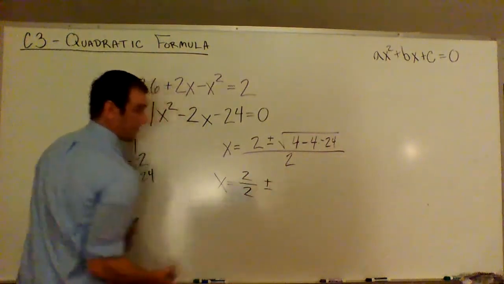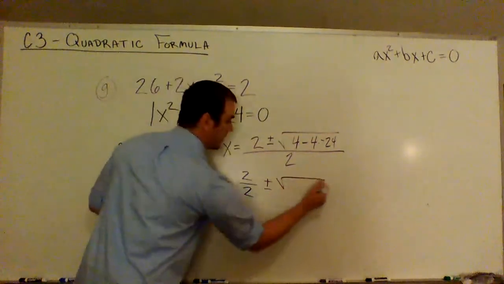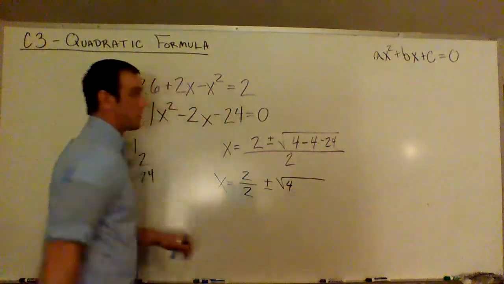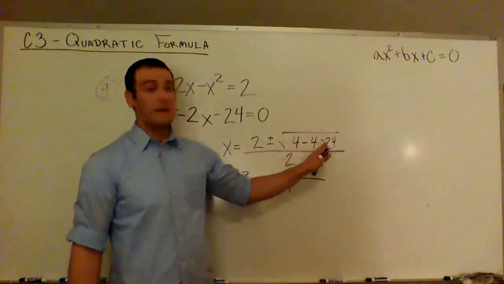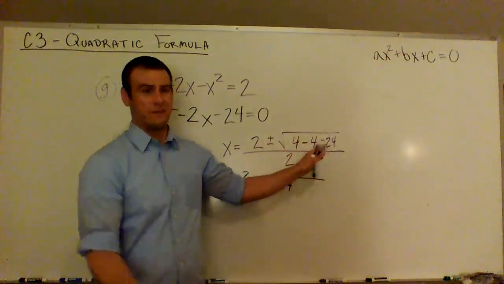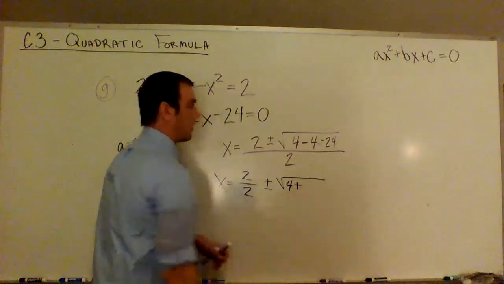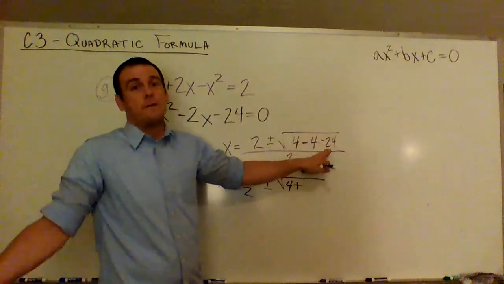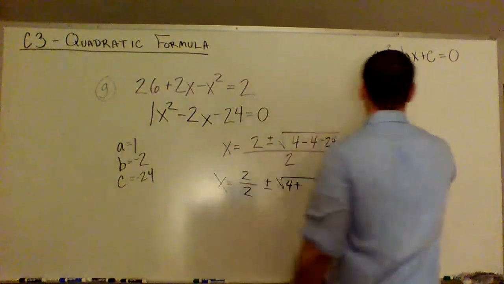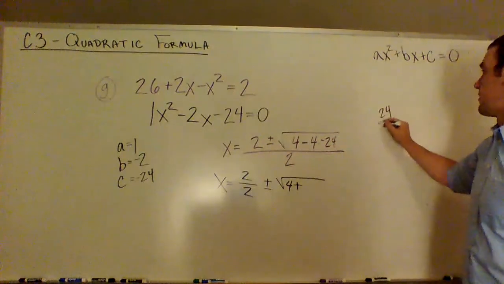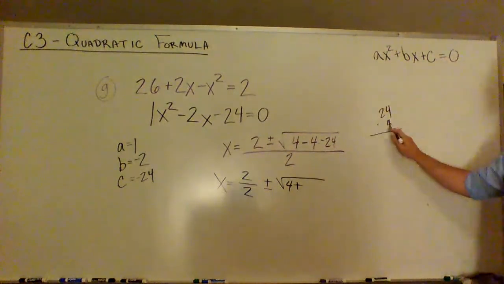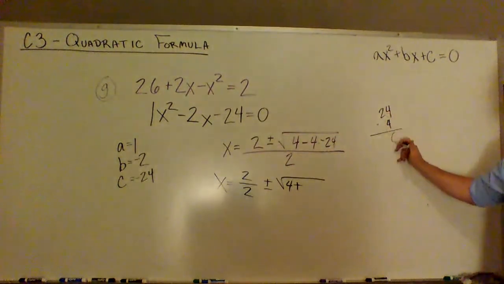Plus or minus the square root here of 4, and now we got a negative times a negative, which makes a positive. 4 times 24, well, let's do a little arithmetic over here. 24 times 4. 4 times 4 makes 16.